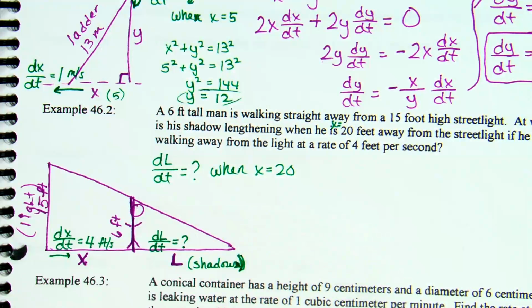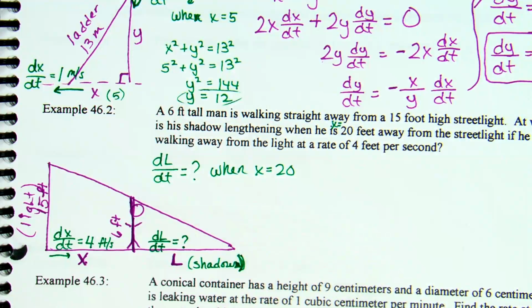What's the bottom of the big triangle? X plus L. Now, similar triangles, can you set up a proportion? You have options: 15 over 6, x plus L over L. Or L over x plus L, 6 over 15.